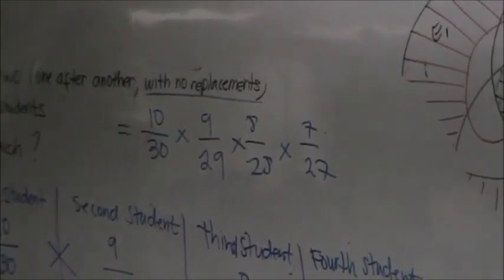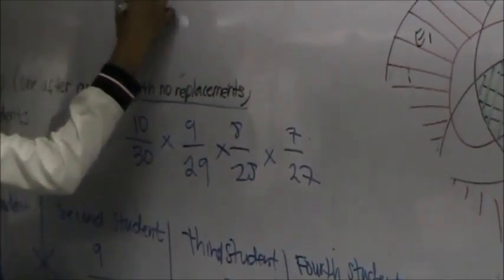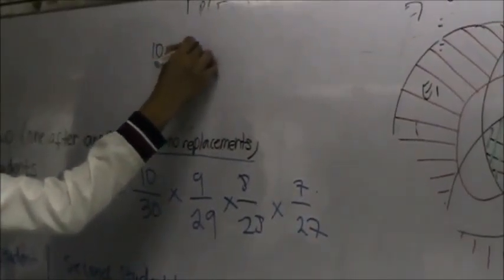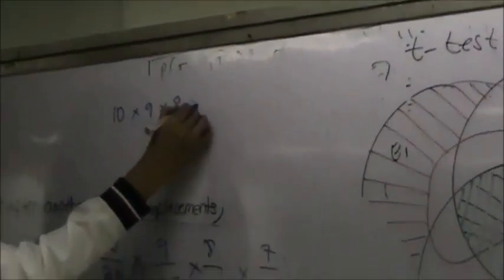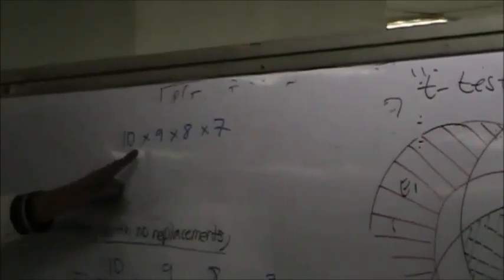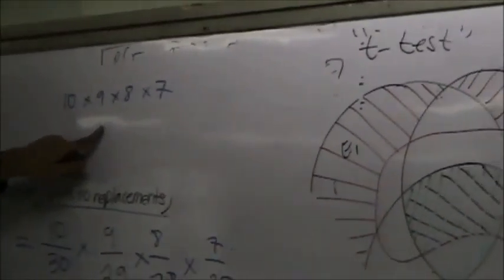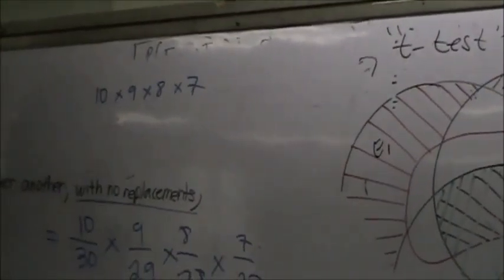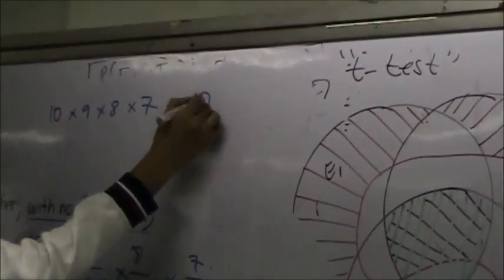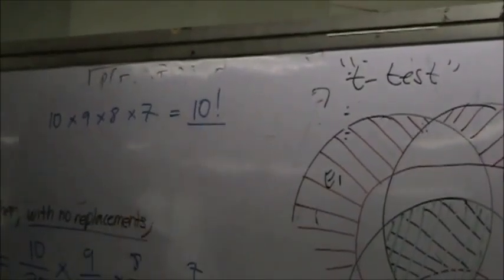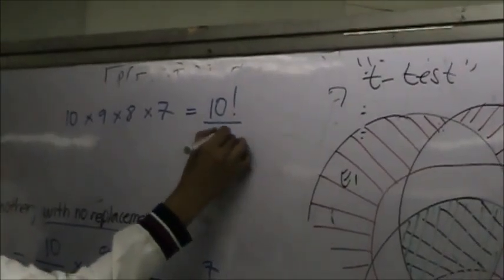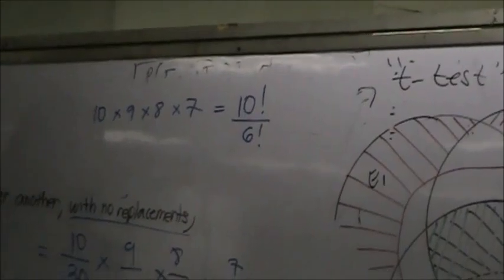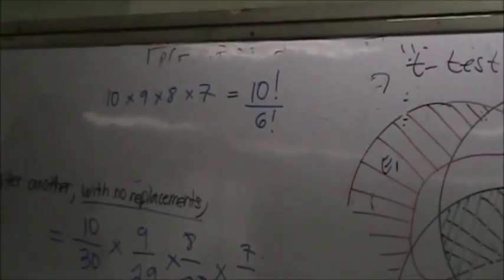And it seems to be reminiscent of 10 times 9 times 8 times 7. Looks like a factorial, but not entirely like a factorial. It's equal to 10 factorial over 6 factorial. But we will not go into that yet.